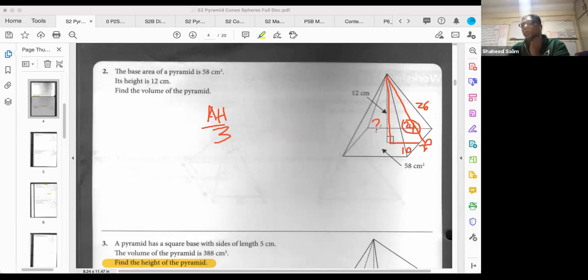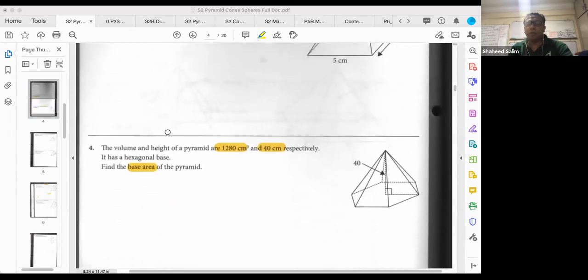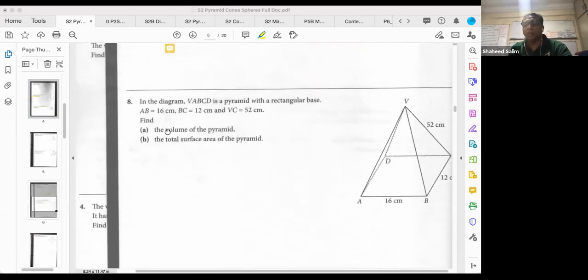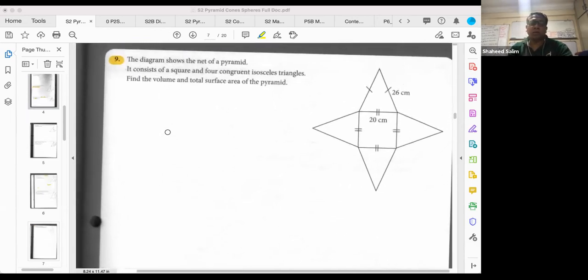Okay, so I will draw it on the other side. You've got to find the height of the pyramid. Although they don't show it to you, you must imagine when you fold it up. I will try my best to draw the pyramid, and then I will label the height in red. Okay, now you have something like that.